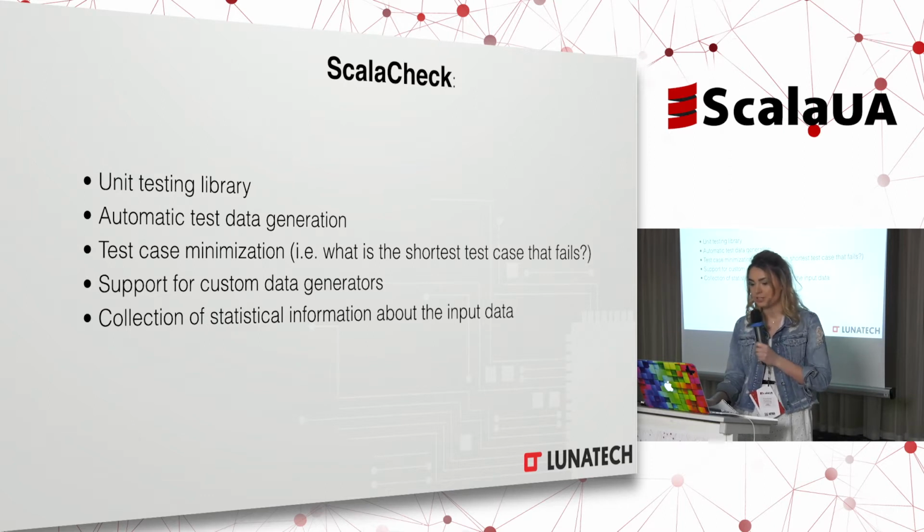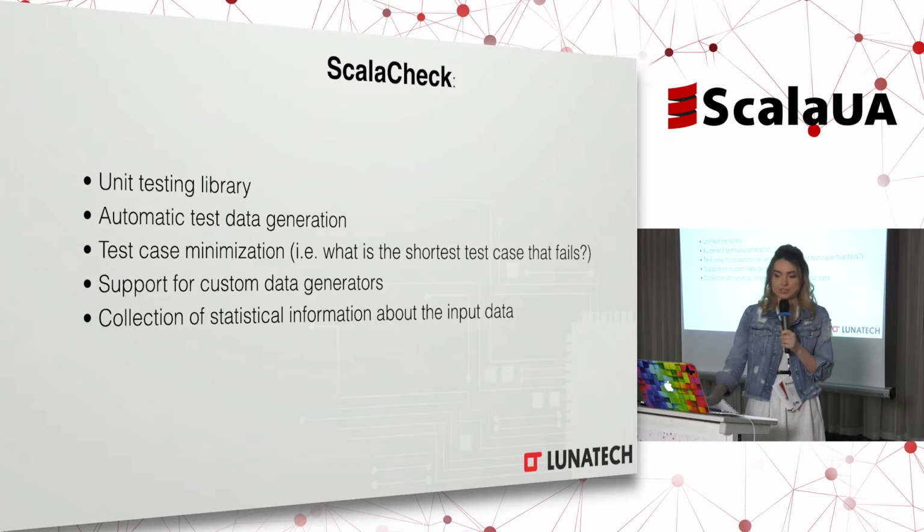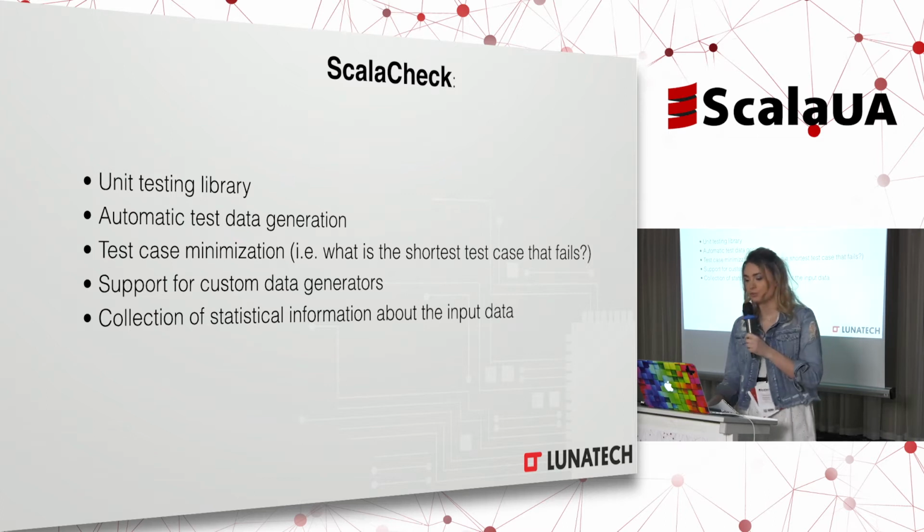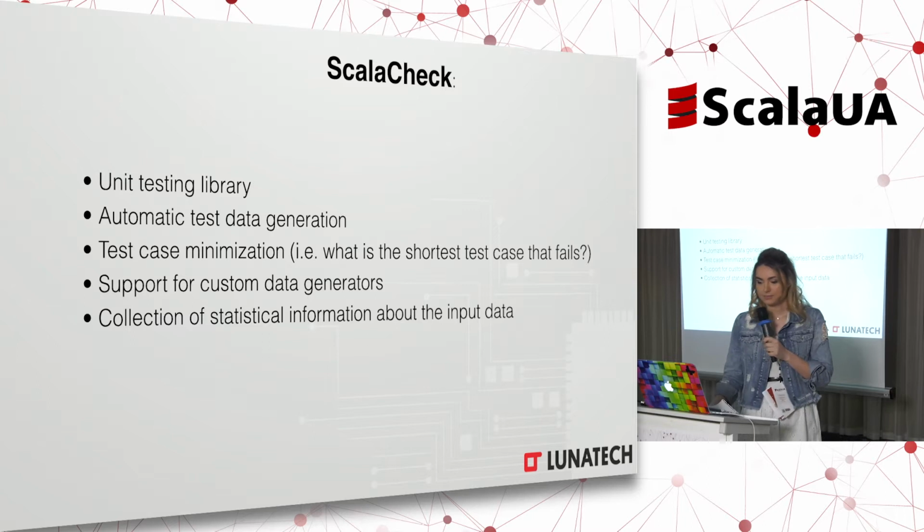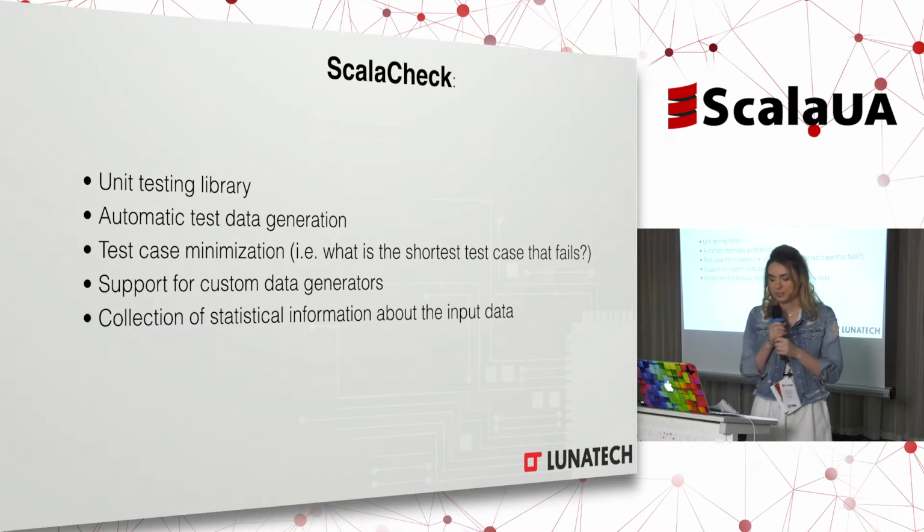And also it provides test case minimization, which helps you to immediately spot the problematic data. Also it supports custom data generators, which you would use for your own data types, and some collection of statistical information.